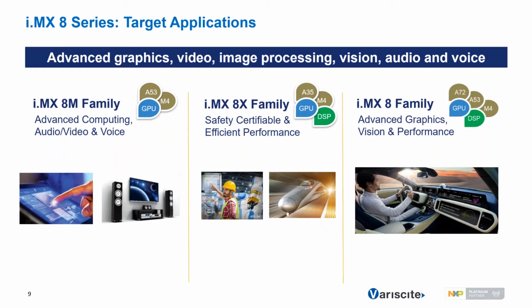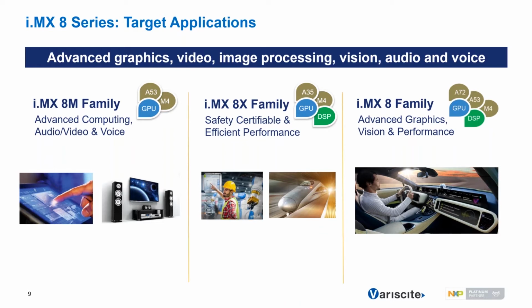Thank you. So if we look at the i.MX 8 series, the three families are aimed to fully cover the rapidly expanding use cases and vertical markets that ARM-based processors are now addressing with the help of key partners such as Variscite.